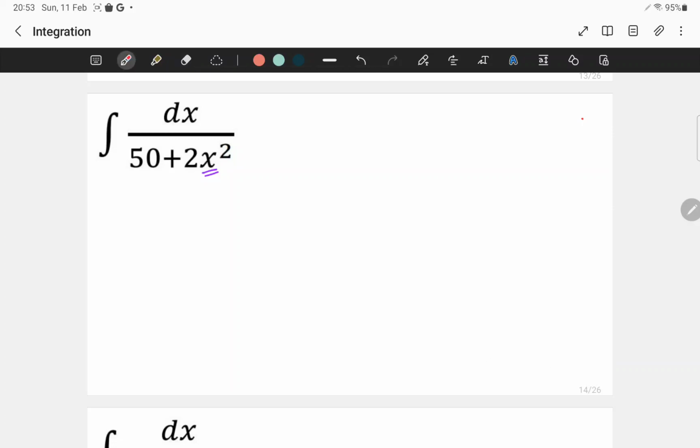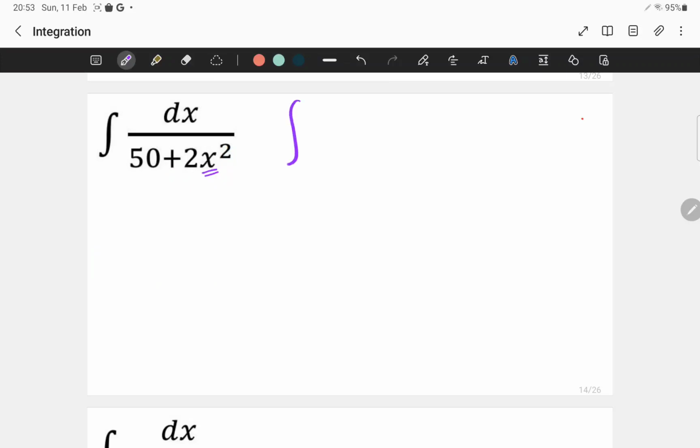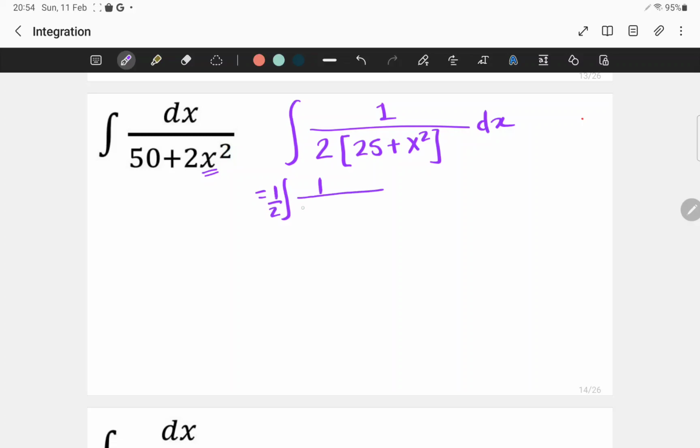We will start solving. I can take 2 out. So 1 by 2 out, and 1 over 25 is 5 square.